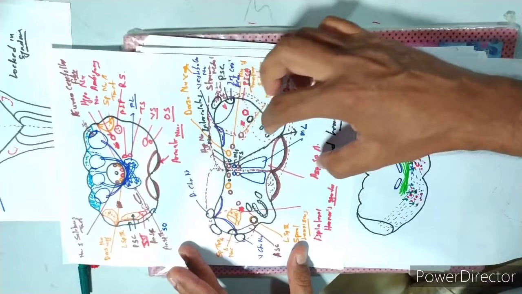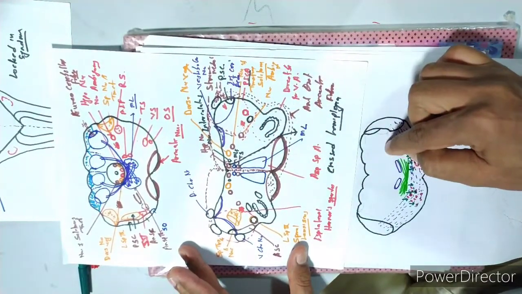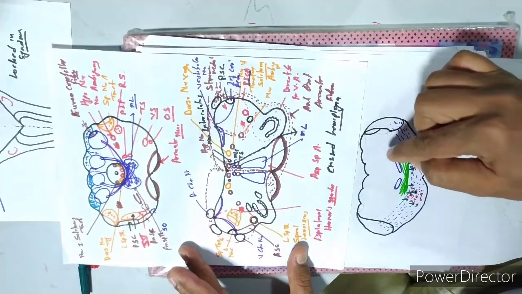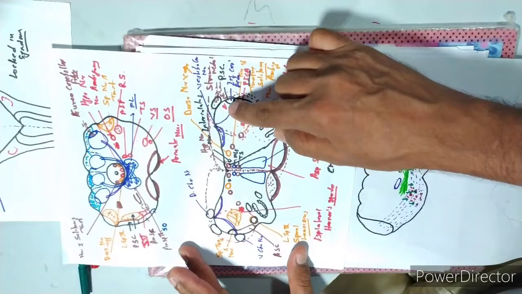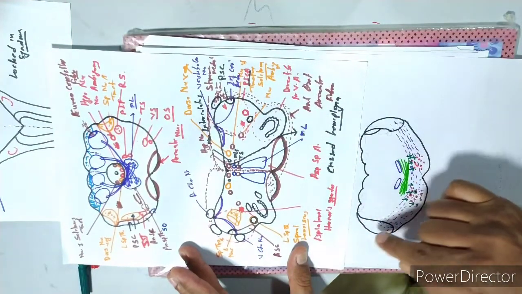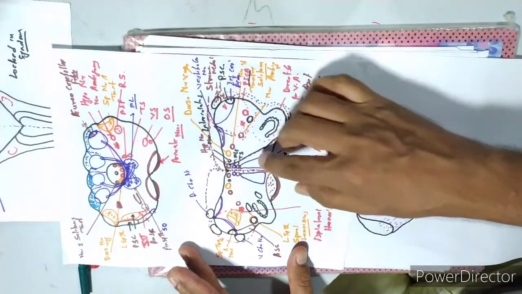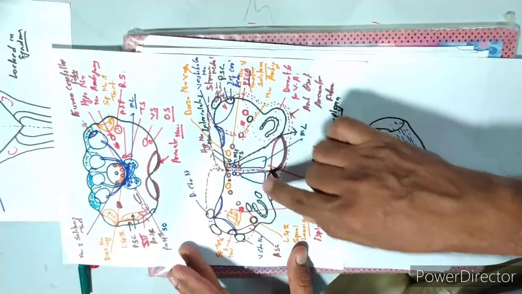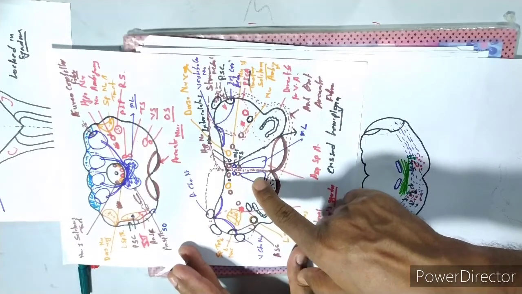The structure here is more or less similar to the lower part of this pons cross section, except that here the inferior cerebellar peduncle is merged, or it is ventral to the middle cerebellar peduncle. Now these are the lemnisci here. This medial lemniscus is present in the medulla in the upper part of the section.